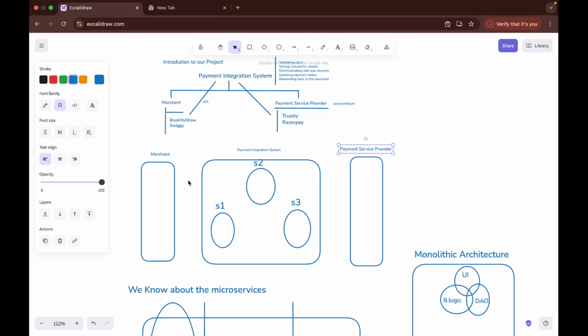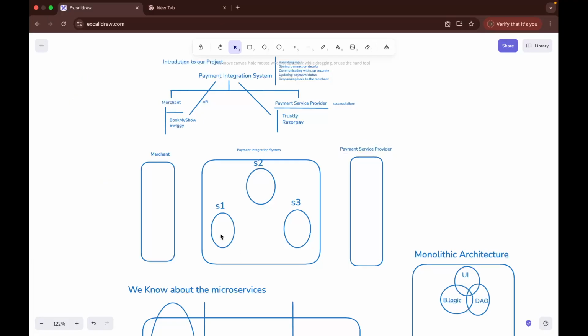Here the merchant talks with our payment integration system. The merchant app sends a payment request using an API, secured with HMAC SHA 256. This request hits our validation service, and it checks that the request is valid, the parameters are correct, and the signature matches.